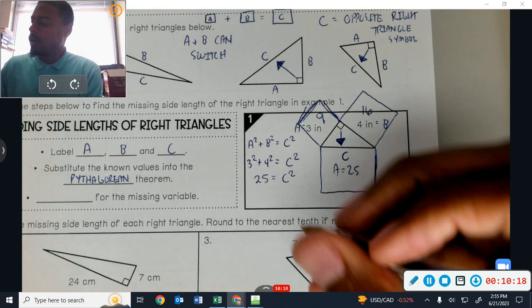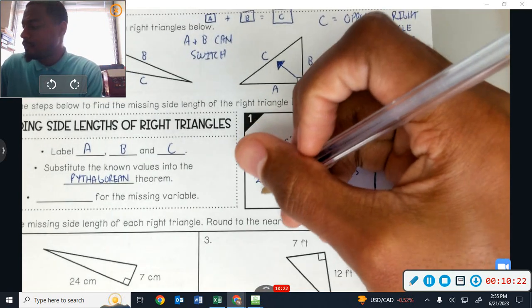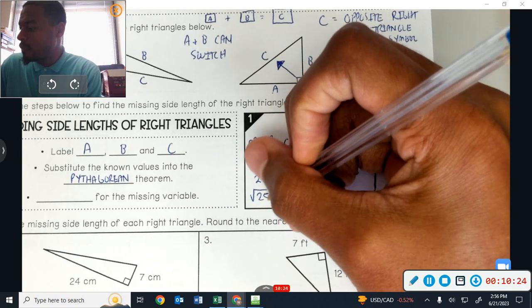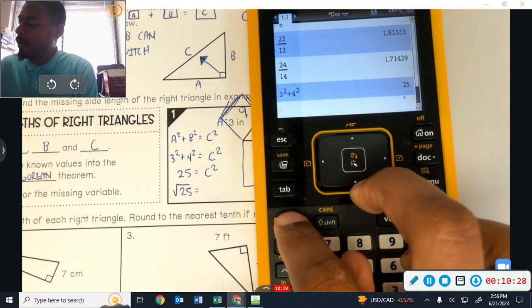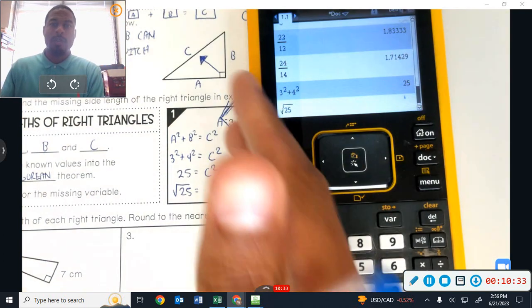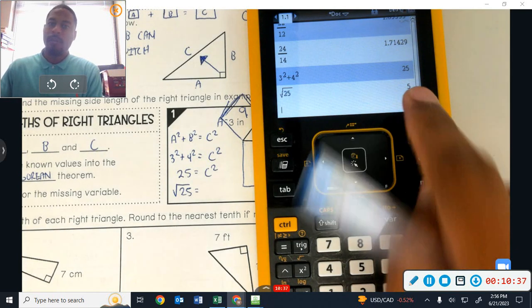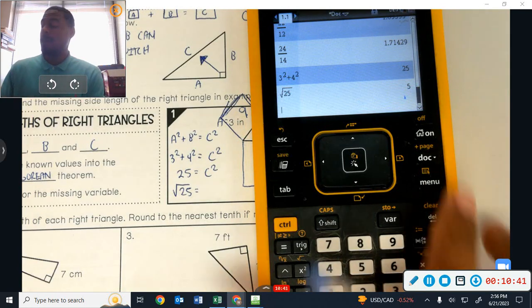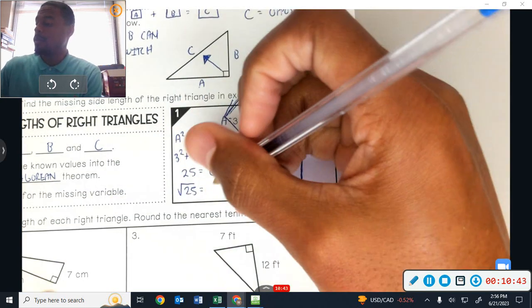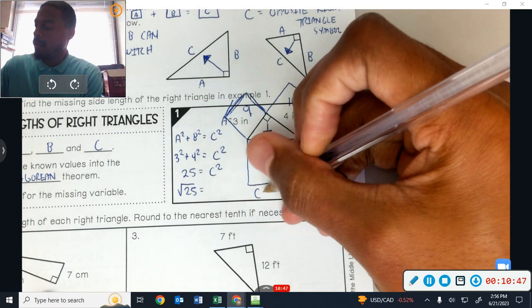So if I take the square root of 25, what am I going to get? Okay, square root of 25. Use a calculator if you don't know off the top of your head what number times itself equals 25. Well, 5. 5 times 5 equals 25, so that's why it is C. So C equals 5. Okay?